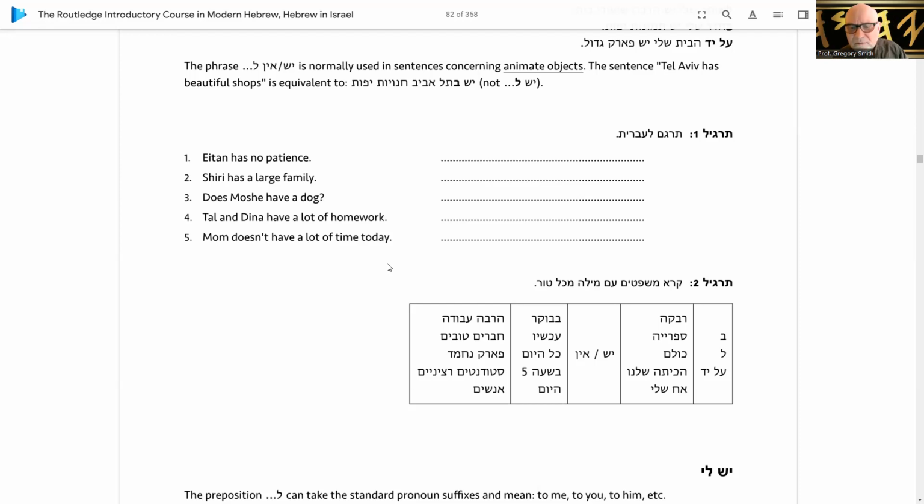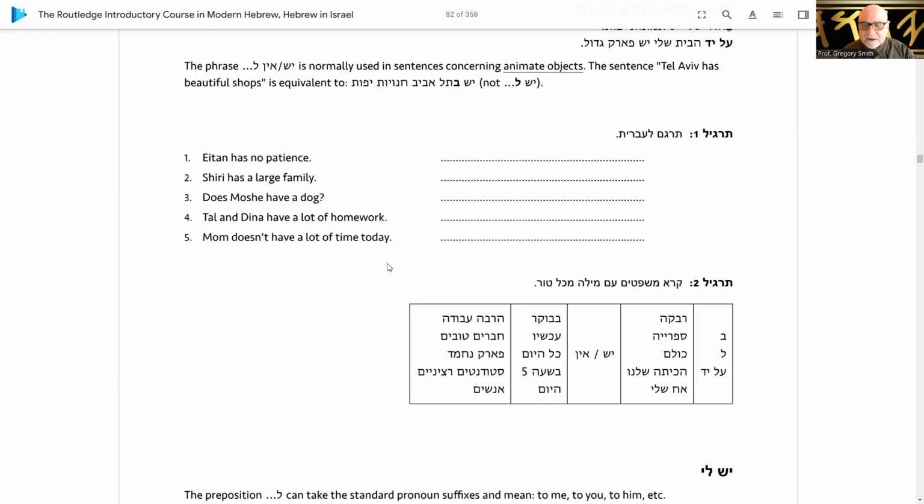I think it's maybe it's tour. Yeah, each column, a column, okay. קרא משפטים עם המילה מכל טור. Mikol. Okay, so we don't need the ha milah. We just need milah for word. קרא משפטים עם מילה מכל טור.